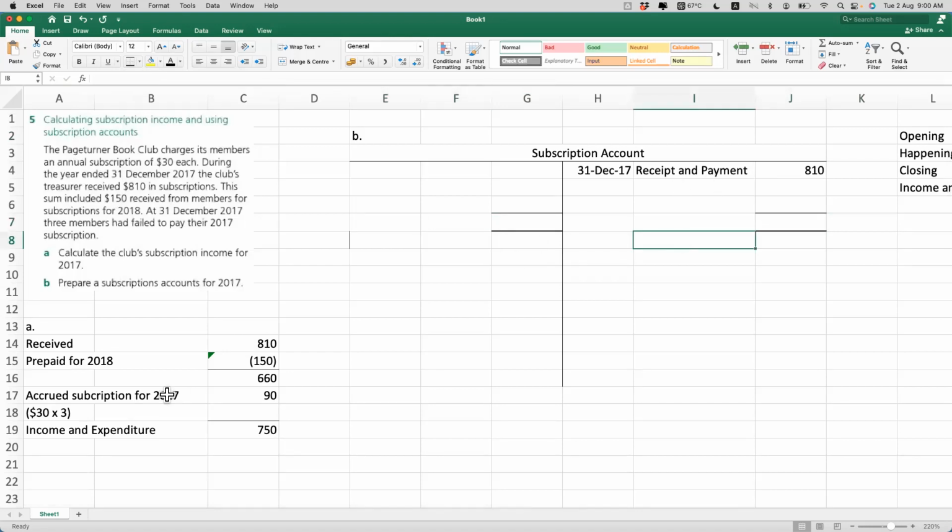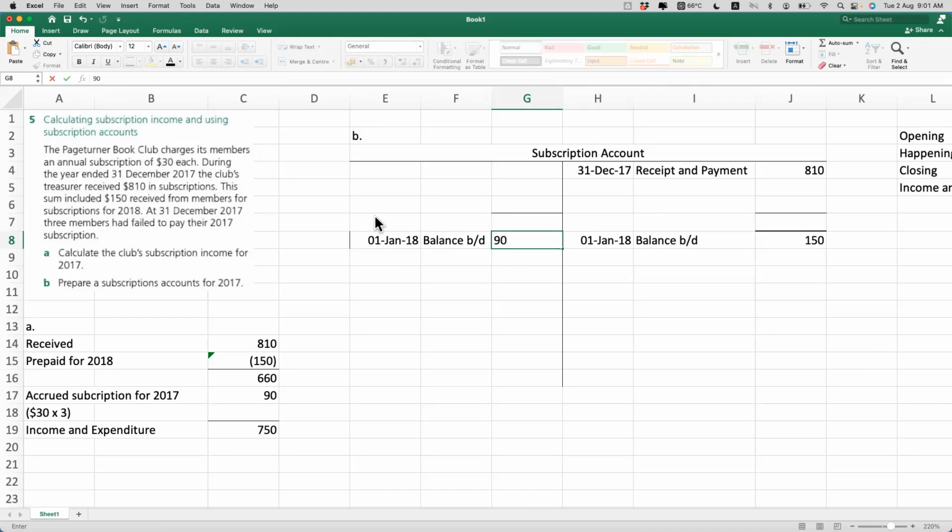So what happened is that there are prepaid of 150. So prepaid will act as a liability in the future. So balance brought down in the future, which is the next day, 1st of January 2018. So it's going to be a liability here, and then an asset here. So liability will give you a total amount 150, and then the asset will give you $90 because those are the people that are owing you.